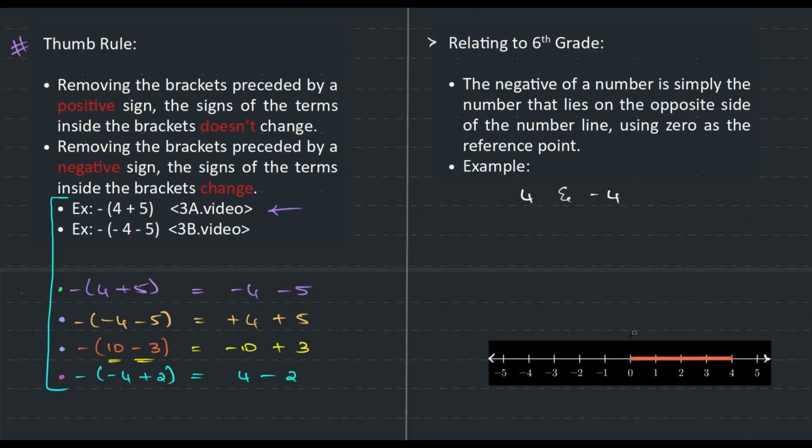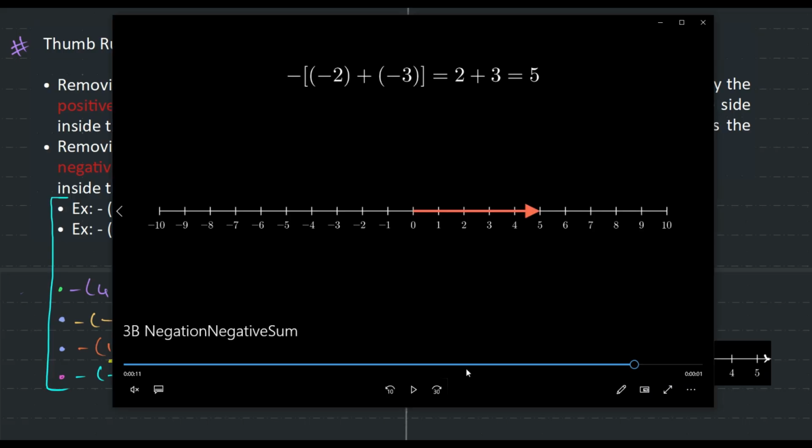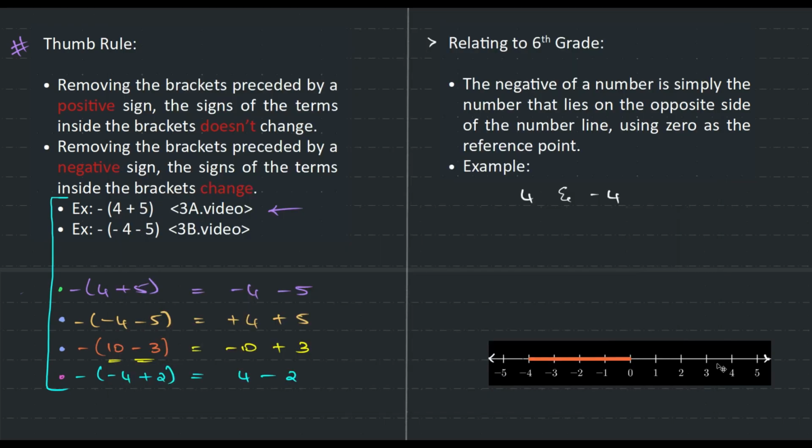If I take this length with 0 as the reference and shift it to the other side, like in this animation when I flipped it, 4 becomes -4, right?